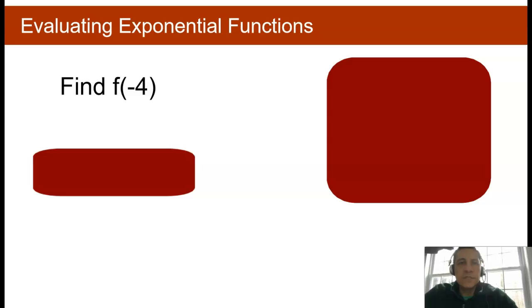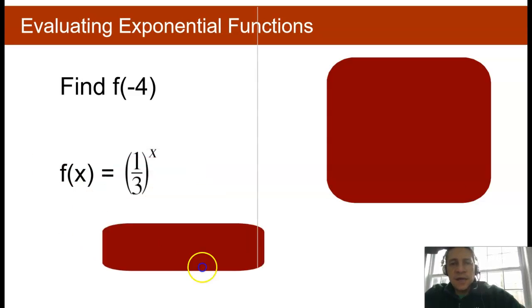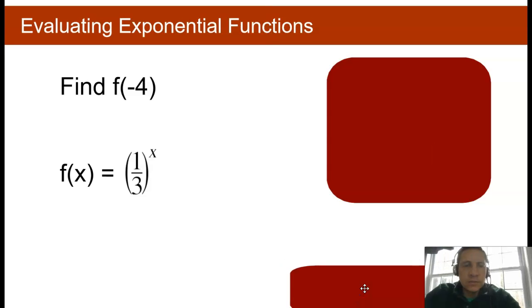And finally, let's take a look at this last example here. F of negative 4. Well, now I've got a fraction, and I'm raising it to the negative 4th power. So let's recall from way back early in the beginning of the year when I raised a quotient to a power.